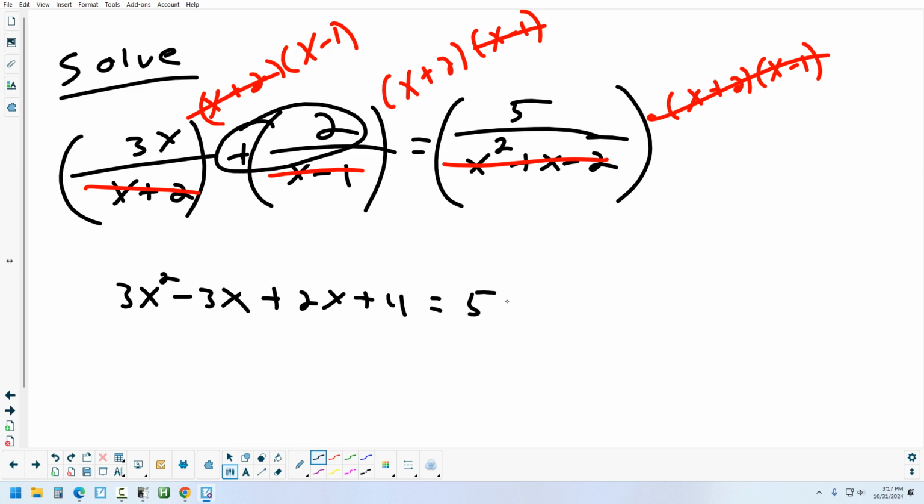5. Okay. So it's a quadratic, which means to solve it, we need to get it equal to 0. So we got 3x squared. What's negative 3x plus 2x? Good, negative x. And now we should bring the 5 over. What's 4 minus 5? Negative 1.